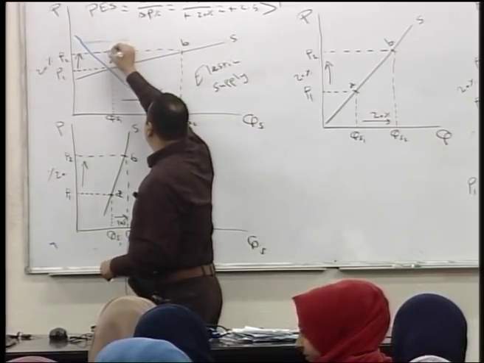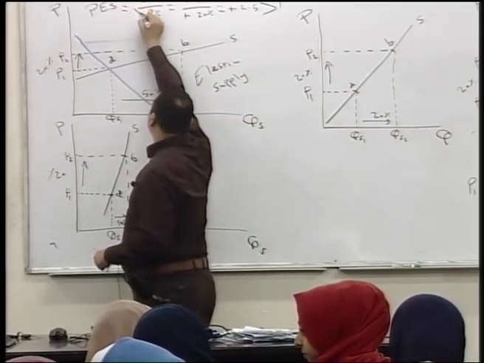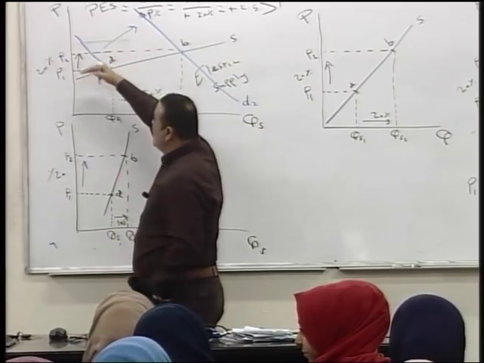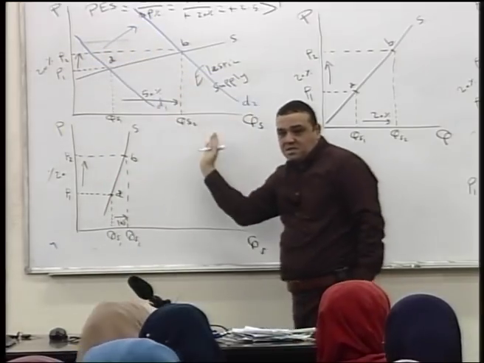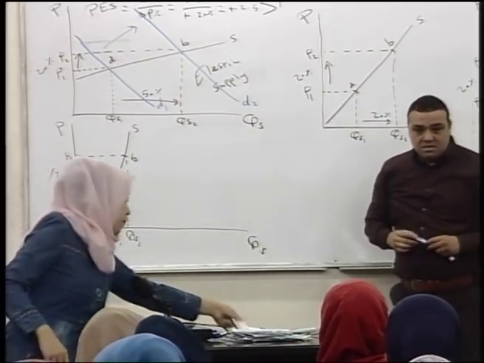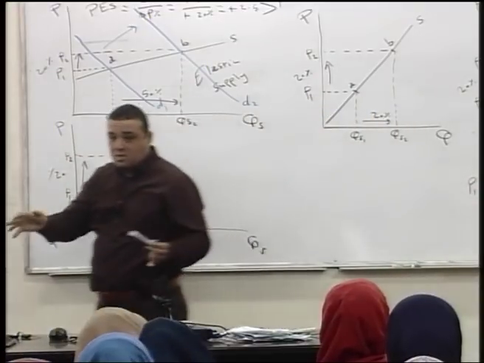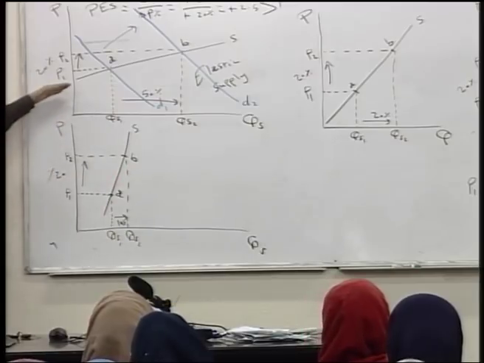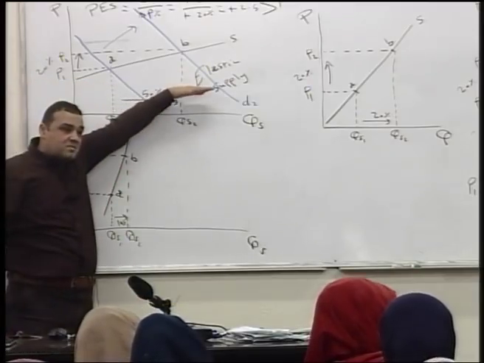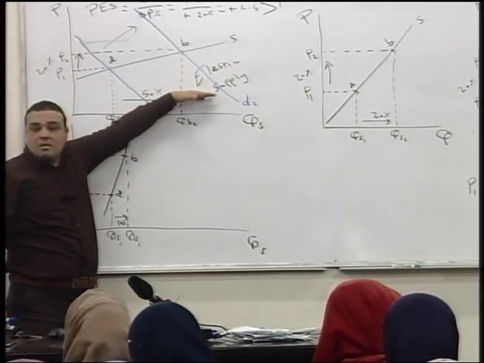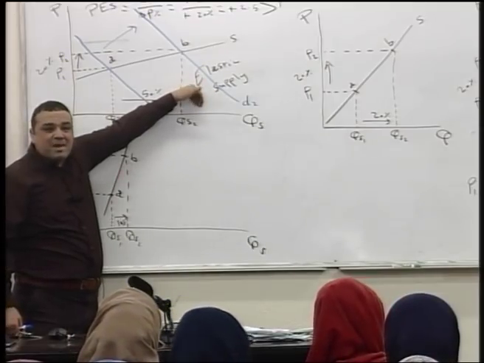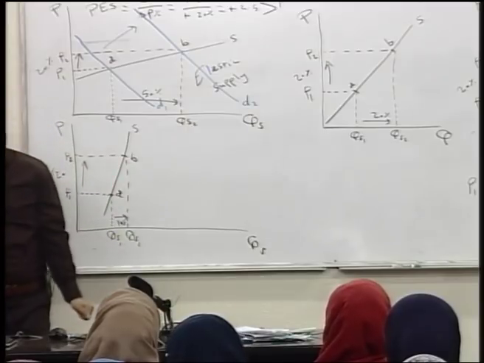And demand increased to D2 here, which leads to an increase in prices and an increase in the equilibrium quantity. Okay? So, if supply is close to the horizontal axis, the supply is elastic, right?